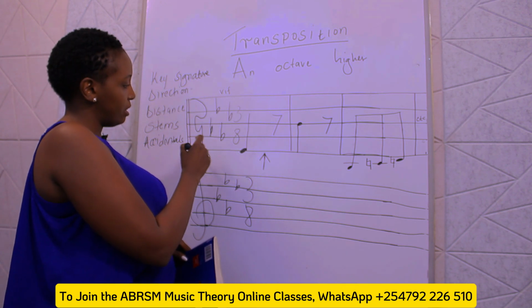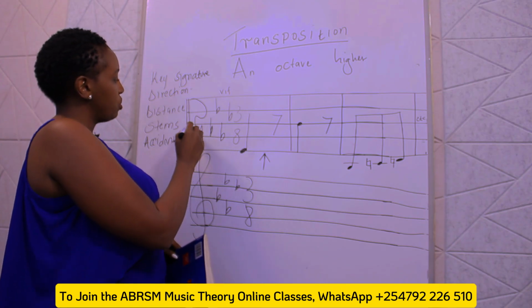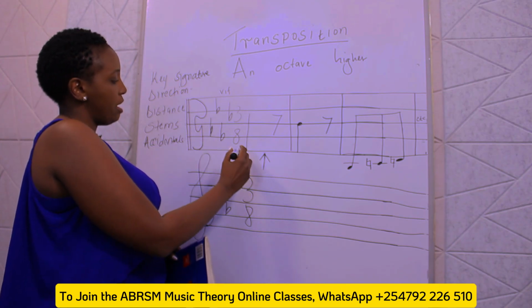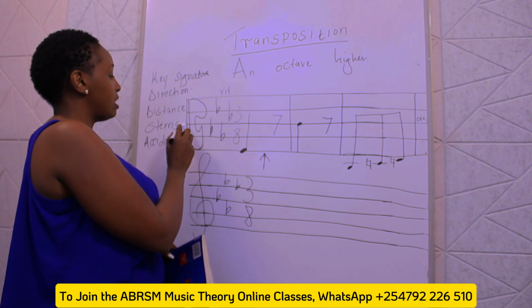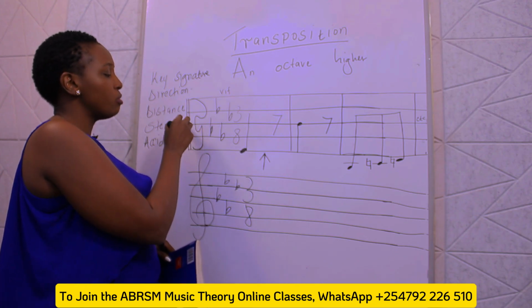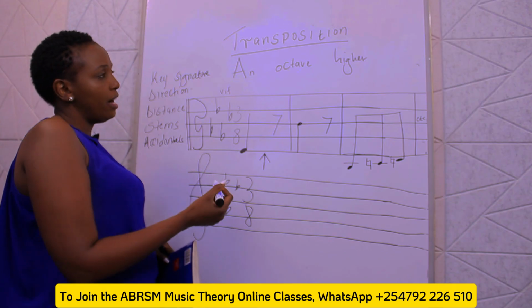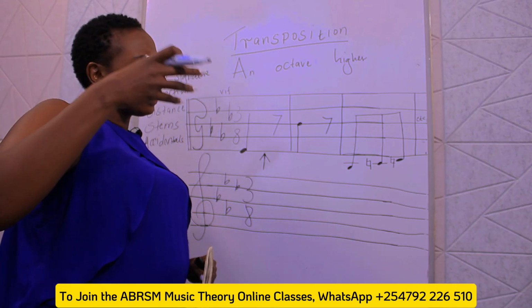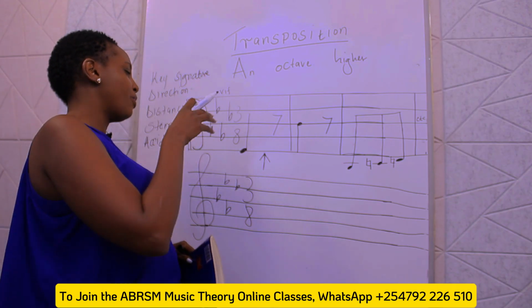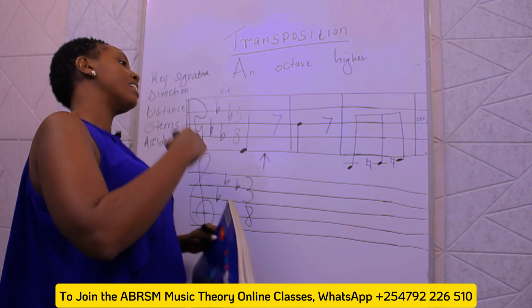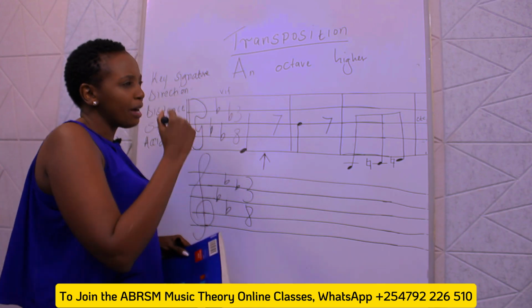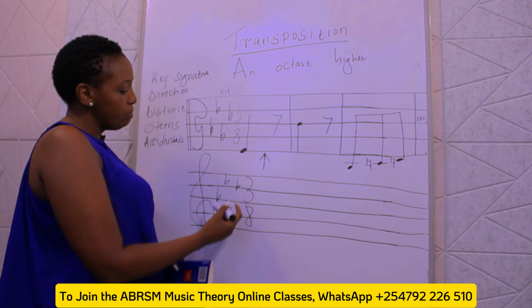So what's our first note over here? If this is C, then this is definitely F. So you're going to the F. This one is middle C. The F that is below middle C, usually just picture that it would actually be on F clef where there are 2 dots. So now you're supposed to move the F that is now above. The F that is above middle C will be where?